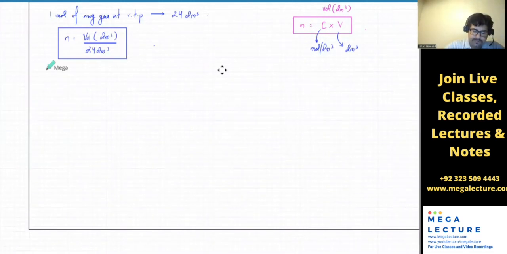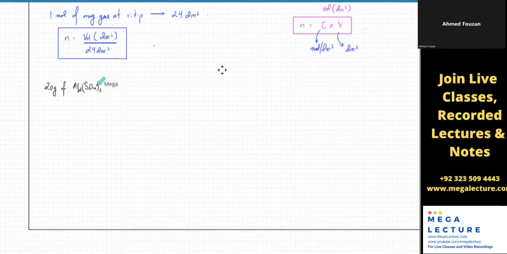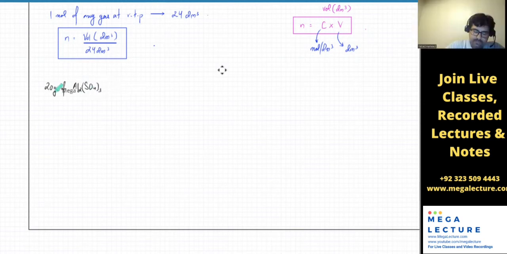Let's say I've got 20 grams of aluminium sulfate. So how many moles is this? Can anyone try and calculate this? That's question number one. What do we have?